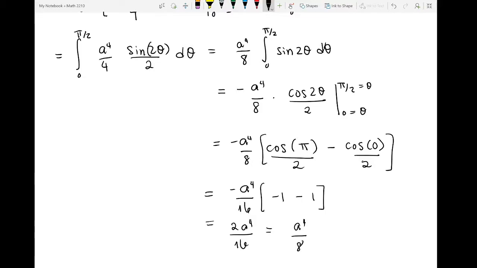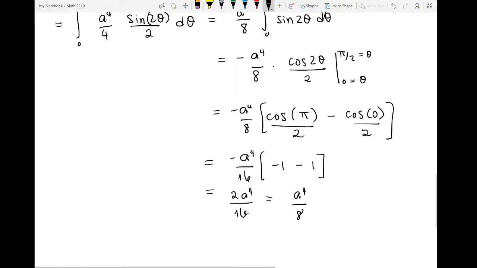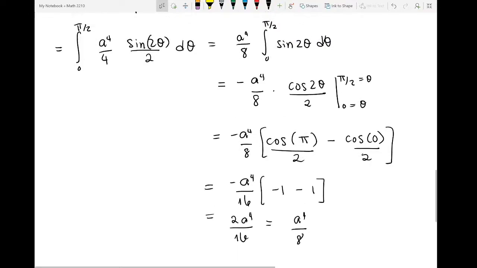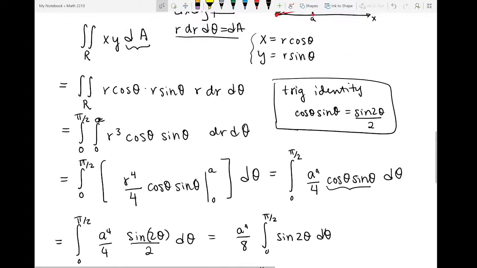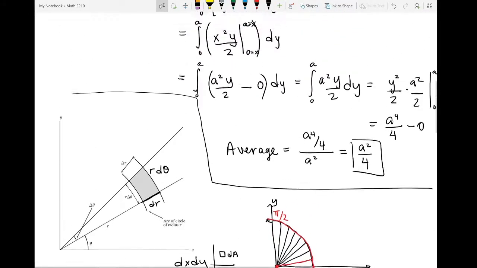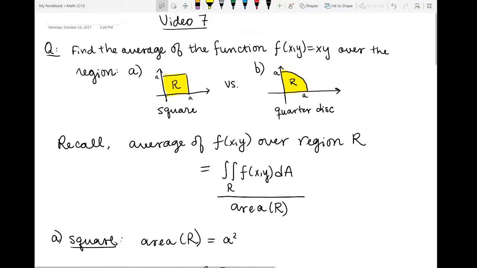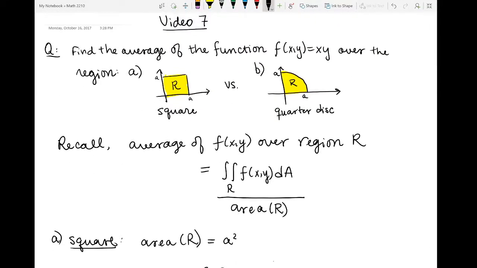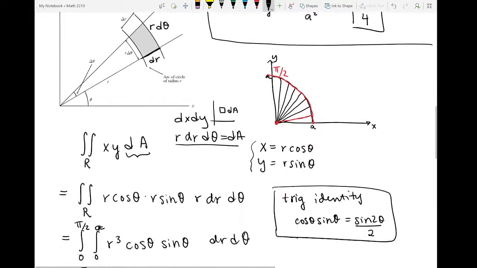over 8. Now we have to remember, what we were interested in finding was not just this double integral over the region. We're interested in finding the average of the function. So for part B, we found the integral of the function over this region, but now we need to find the area of the region.